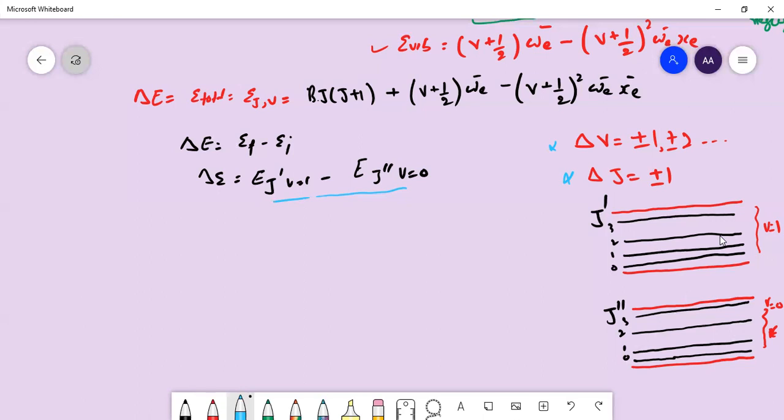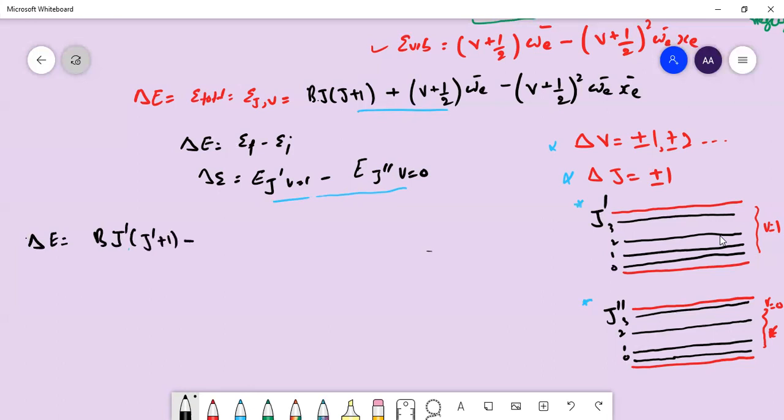We have drawn the higher energy level as J dash and the lower energy level as J double dash. If I substitute this, delta E is equal to B, for the higher energy level, we substitute J as J dash, so it is B J dash into J dash plus 1.